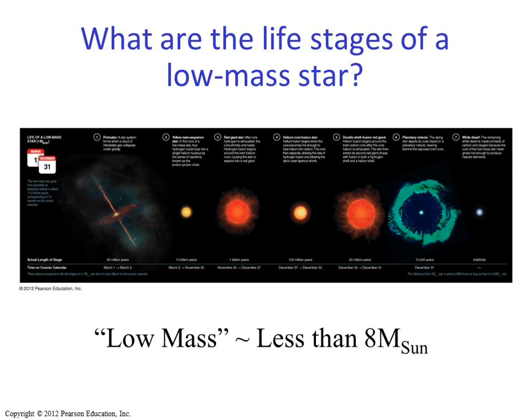I'm not good with my greater than, less than sometimes. A low mass star needs to be greater than 0.08 solar masses, but it needs to be less than, I think that's right, 8 times the mass of our sun. Does that make sense?